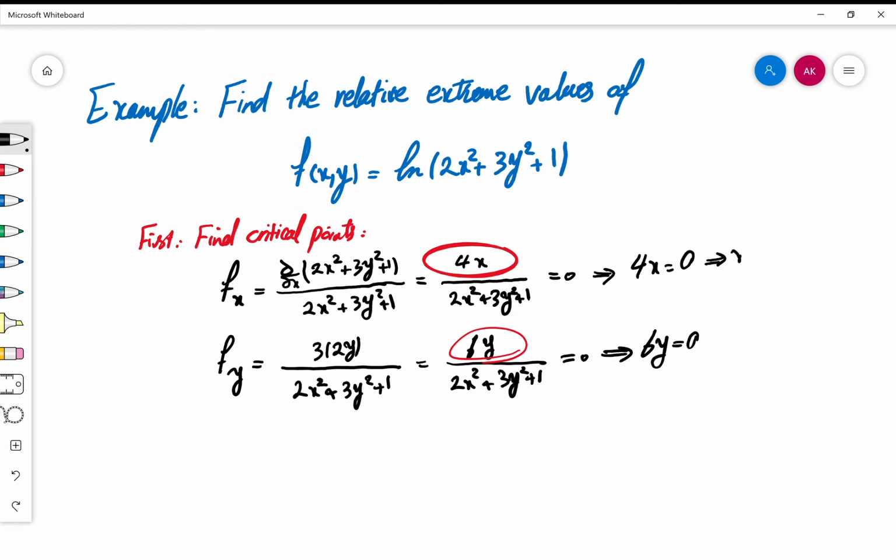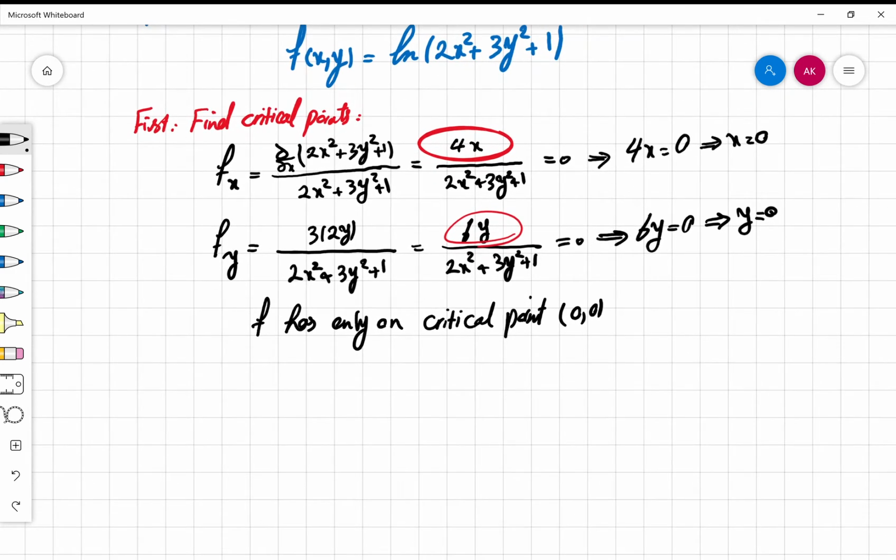From that, x is 0 and y is 0. So f has only one critical point, which is (0, 0). Okay, that is the first step.